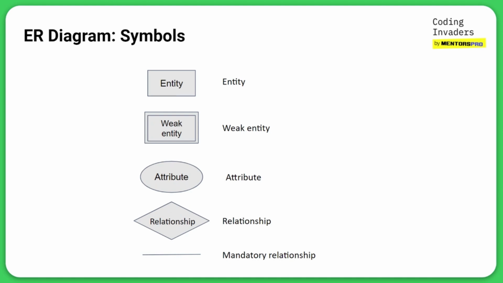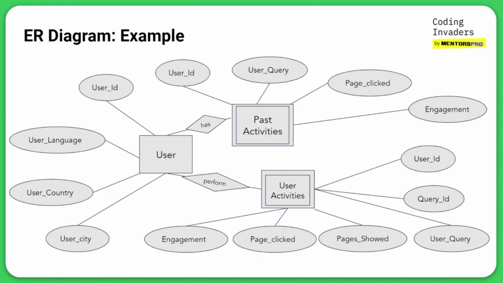So, as we've got insight into the different symbols of an ER diagram, now let us go back to our example ER diagram. In this example, user is considered an entity because it has its own primary key and attributes. Past activities and user activities are considered weak entities because they are referred to by the user table through their foreign key, that is, user ID.